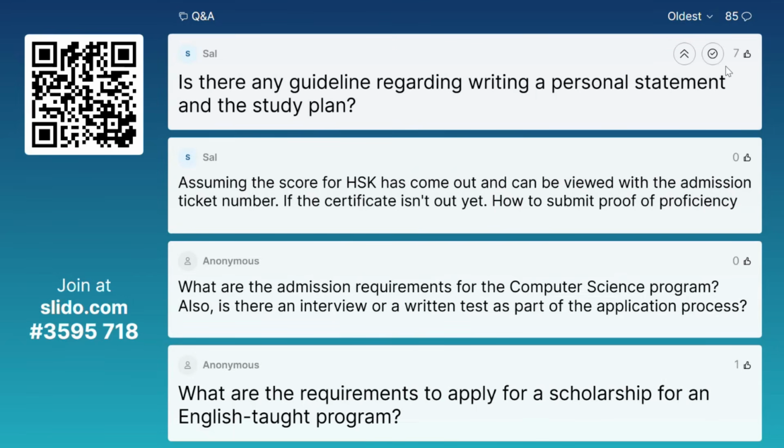I wrote that I like to do labs and experiments. And for the study plan, I wrote that I want to join clubs or do some internships or exchange at NTU, and also my plan after graduation from NTU. Yeah, I think it's very important that what you write is related to the program you want to apply to.